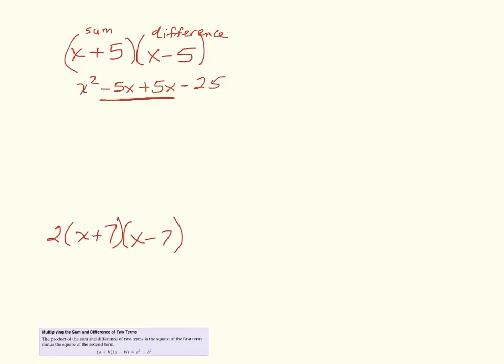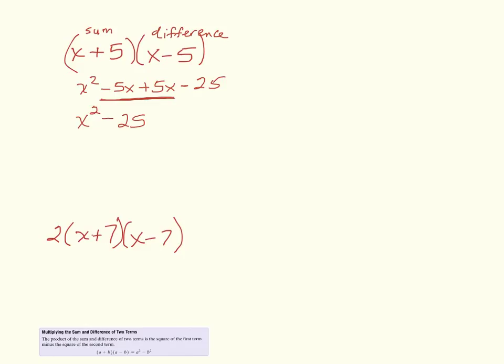One's negative 5x, one is positive 5x. So they are opposites of each other, so they go to 0. So we end up with x squared minus 25. All right? x squared minus 25 is the simplified product of these two binomials.